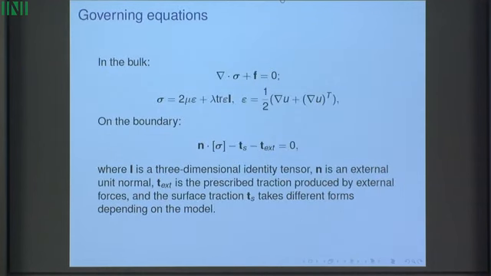So now let's talk about governing equations. If we take that energy functional formulation and apply the surface divergence theorem, then we get these classical bulk conditions. I assume that the bulk force is 0, so no gravity, nothing. On the boundary, we obtain this condition.